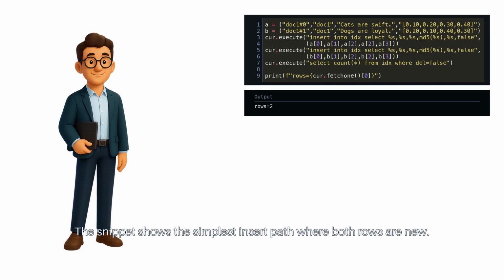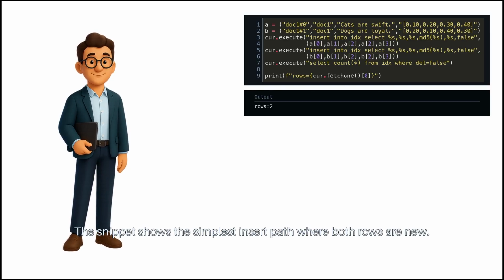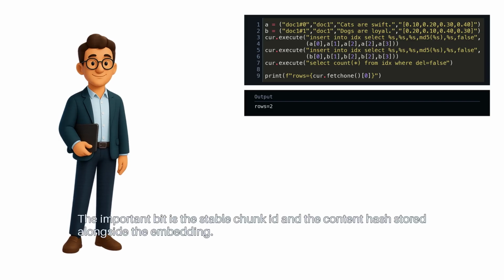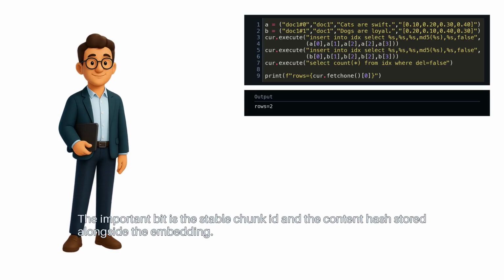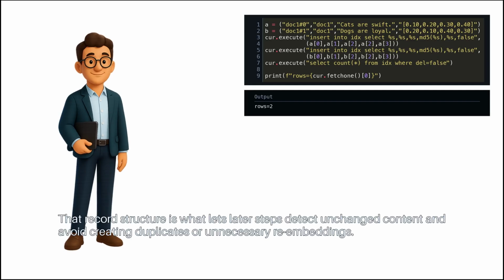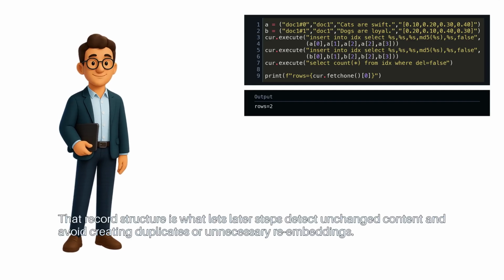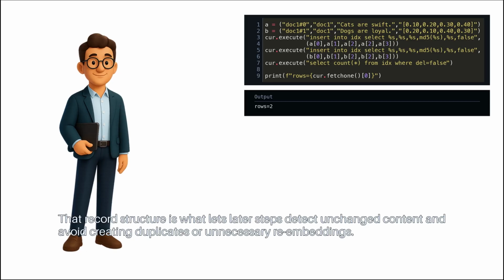The snippet shows the simplest insert path where both rows are new. The important bit is the stable chunk ID and the content hash stored alongside the embedding. That record structure is what lets later steps detect unchanged content and avoid creating duplicates or unnecessary re-embeddings.